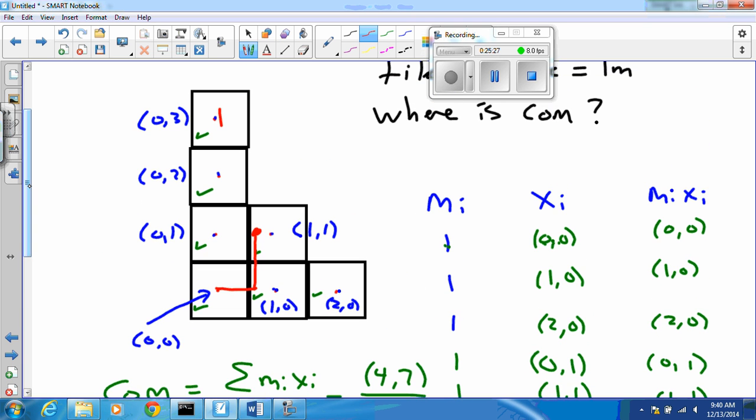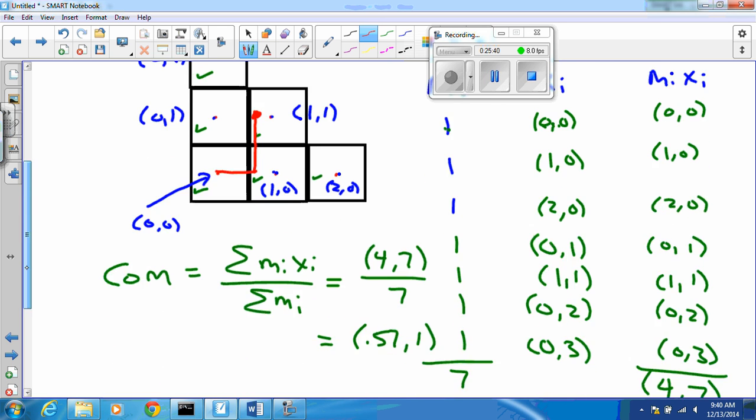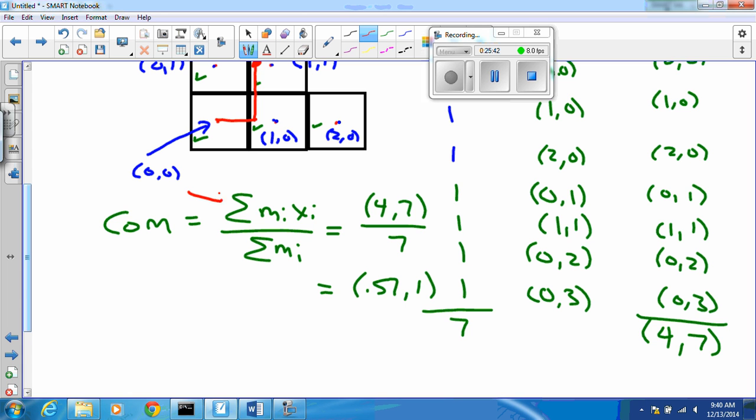And if we take a look at where that is physically located, 0.57, comma 1 is going to be over just a little more than a half meter and up 1, so that our center of mass is where we pretty much figured it should be, which is right here.